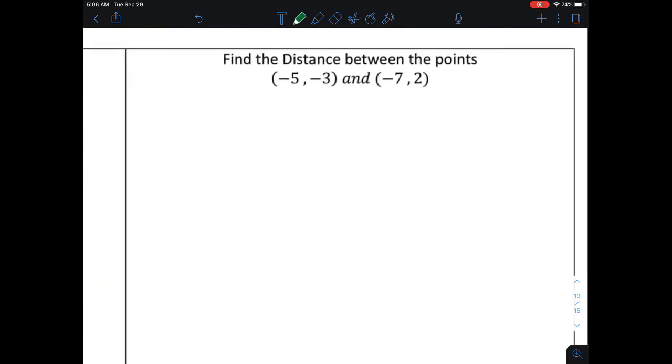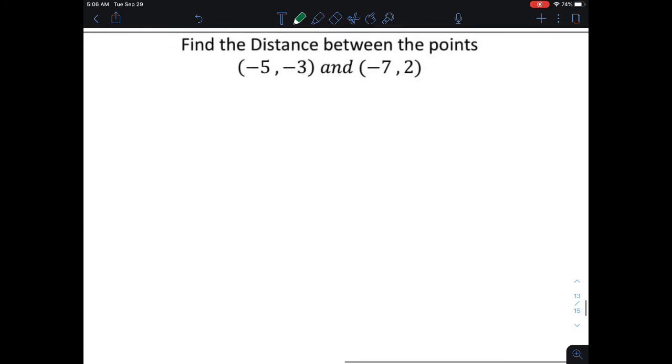Now, let's say I'm not given the graph to use, and I'm just given 2 points. So instead of me making a graph and then using that method, we're just going to use our distance formula. Now, for the distance formula between 2 points, you start off by labeling your coordinates. So the first coordinate will be x1, y1. The second coordinate will be x2 and y2.